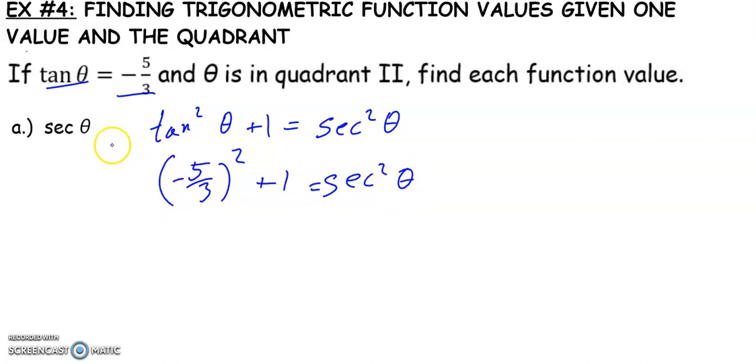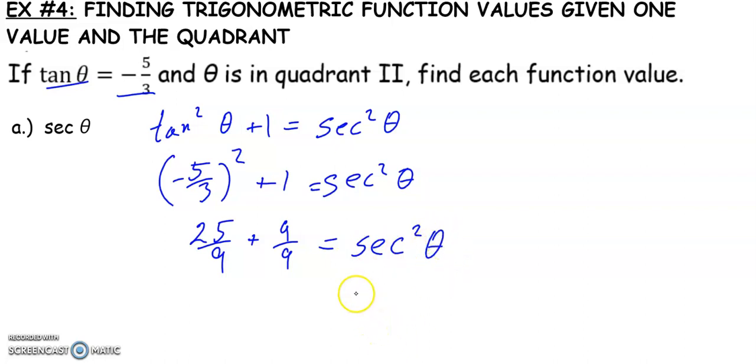And I'm doing secant squared because I wanted to come up with an identity that puts tangent and secant together. So negative 5/3 squared is going to be 25/9. I want to add that to 1, so I'm going to write that as a 9/9 fraction, and that is going to equal secant squared of theta.